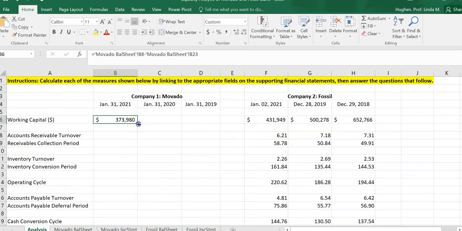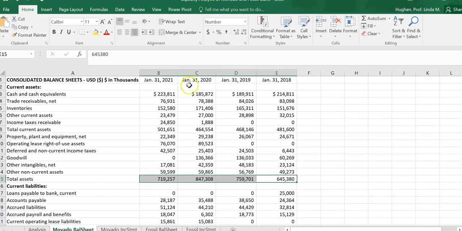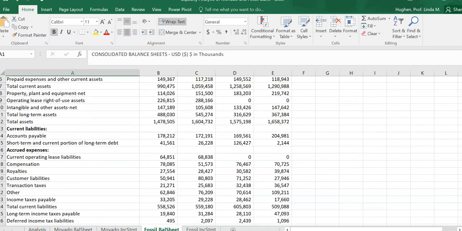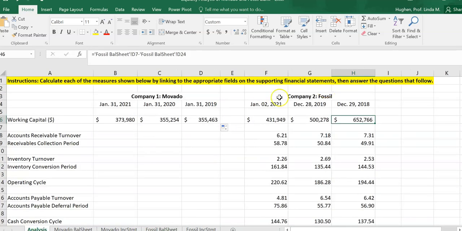Again, this is a dollar amount, so I can look at the trend. How did working capital change over the period? It increased from 355, and these numbers are in thousands, so 355 million up to 374 million. I can compare that to Fossil, which had a decrease in working capital. Their working capital decreased from 652 million down to 432 million.